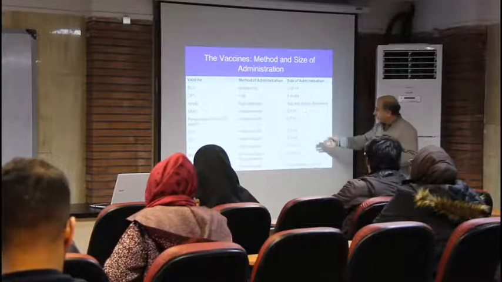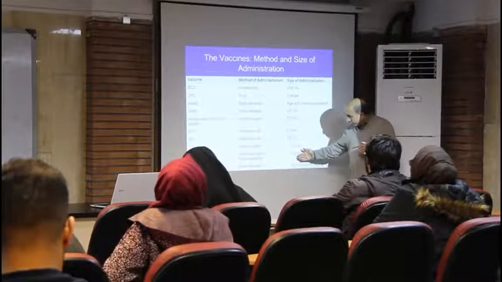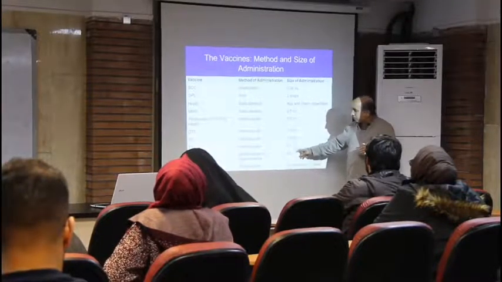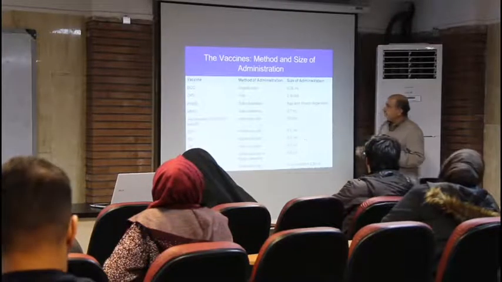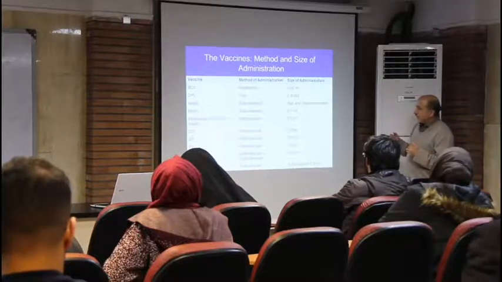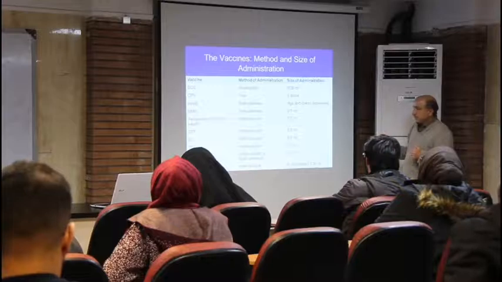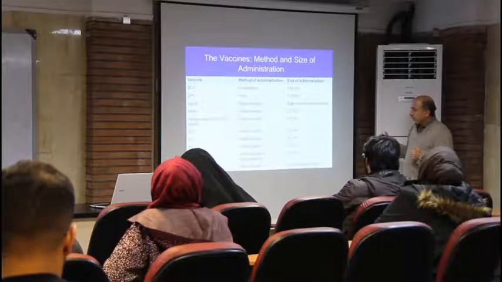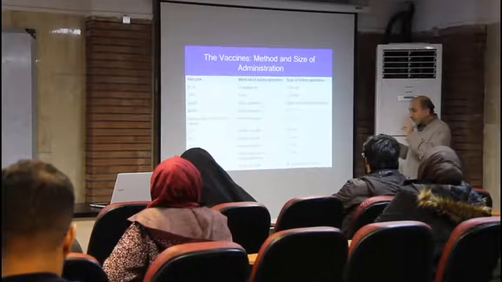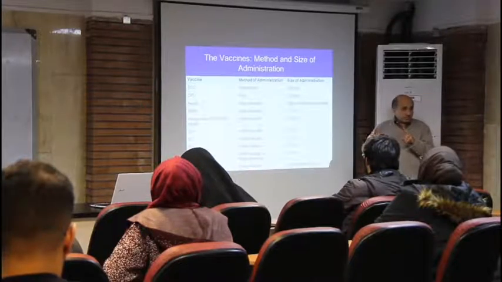All of them up to here are 0.5 ml. For pentavalent, it's intramuscular. DTP is intramuscular. DT and TT are intramuscular. IPV can be both intramuscular or subcutaneous, but intramuscular is more common.